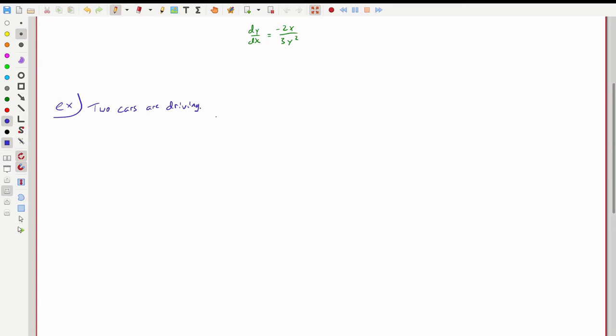Okay. All right, so one car is headed south and another car is headed west. Now let's suppose they start from the same point. Okay, so we'll say that car A is driving south and car B is driving west.